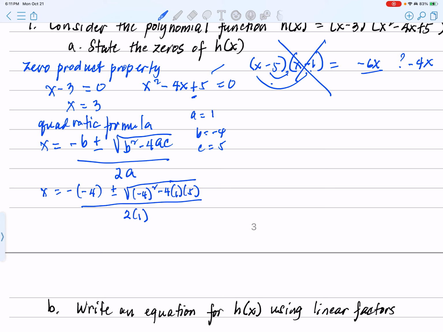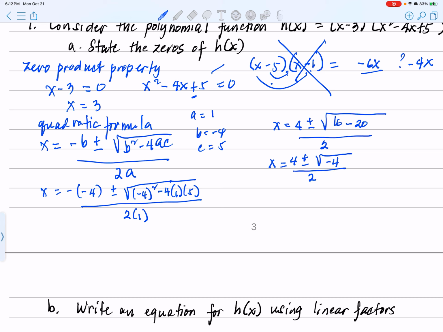Now we simplify. x would be negative negative 4, that's a positive 4, plus or minus the square root of 16 minus 4 times 1 times 5, that's 20, over 2 times 1. So 4 plus or minus the square root of 16 minus 20, that's negative 4, over 2.